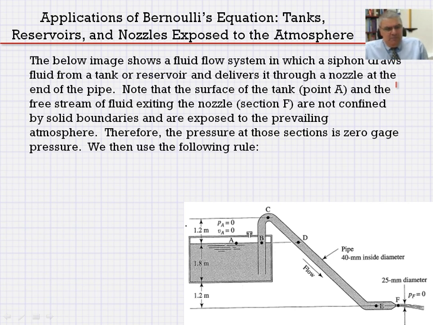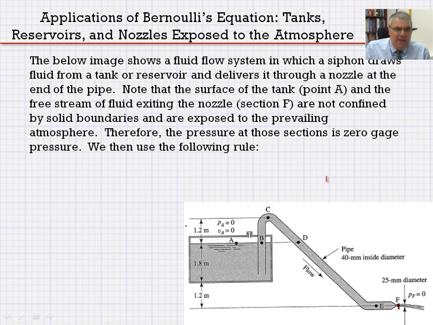So if you can concentrate on this image that is shown here, this is a fluid flow system. It's a siphon that draws fluid from a tank or reservoir, if you will, and delivers it through a nozzle at the end of the pipe, that is point F, down here.